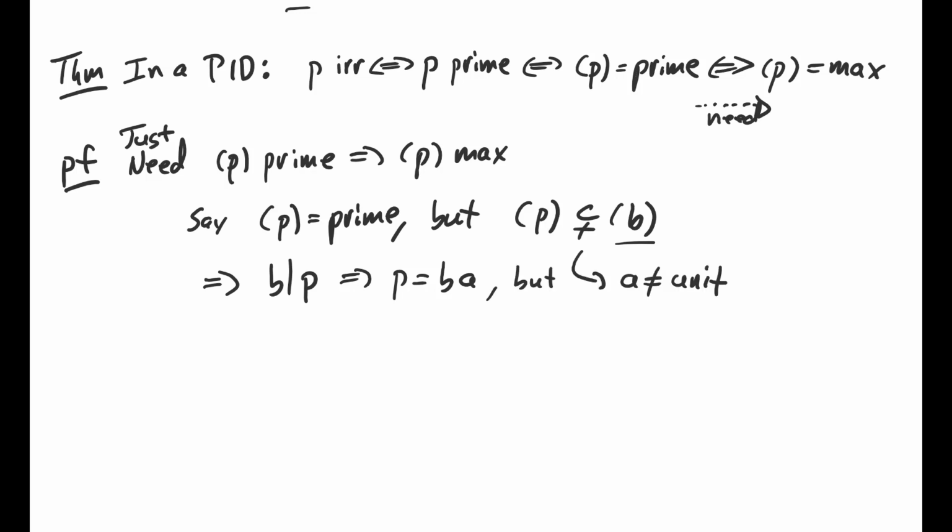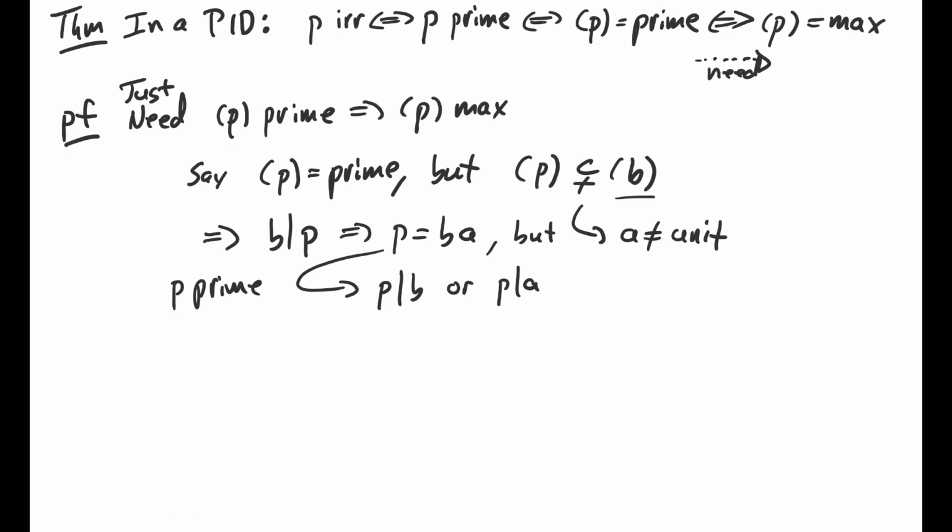But that A can't be a unit, and that's because this was a strict containment. If it were a unit, they'd be the same ideal. All right, well, what do we get now? We haven't used the primeness of P yet.